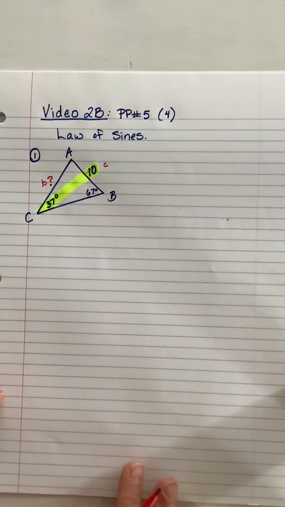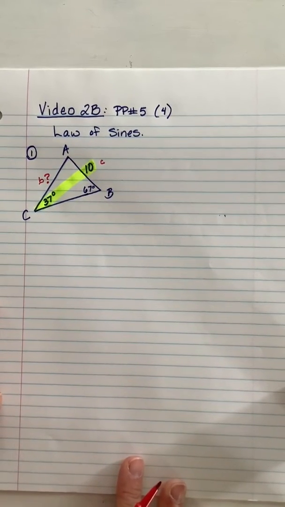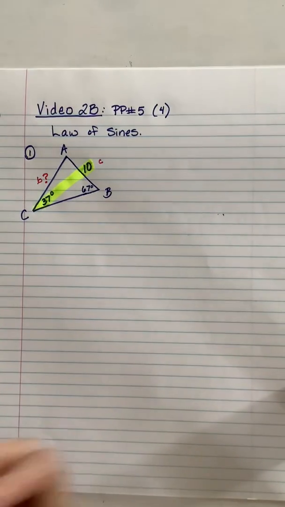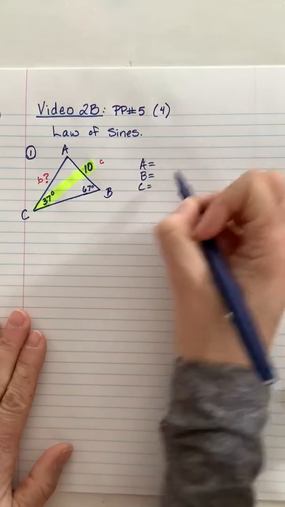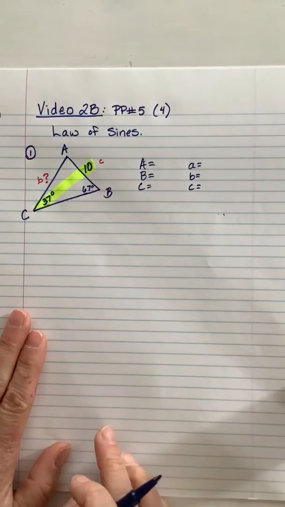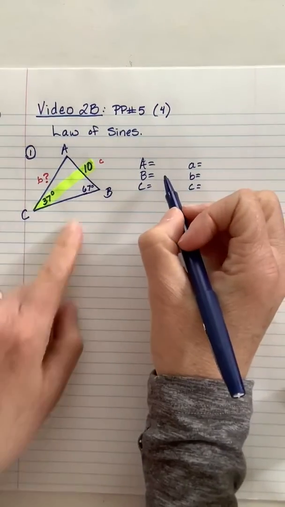Now, if you are one of these very spatially minded students, go for it. Set up your law of sines. I need a little bit more, so I'm going to set up my graphic organizer once more so that I can get all of my information somewhere where it makes a little bit more sense to me. But go ahead, be better than me.